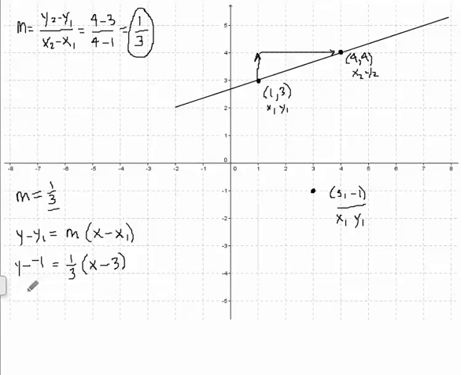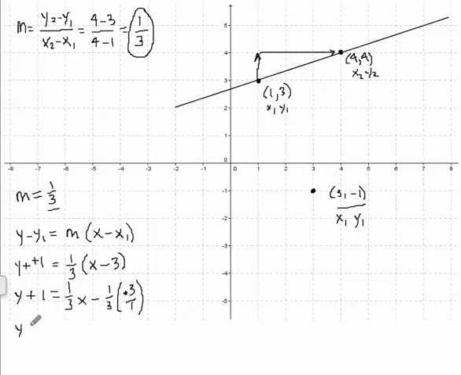Now I'm going to do a little bit of simplification. y plus 1, because whenever I see two negatives, they do become a positive. And then I'm going to distribute this 1/3 to everything that's in the parentheses. So I get 1/3 x minus 1/3 times 3 over 1. That's a positive; I've already brought the negative down here.